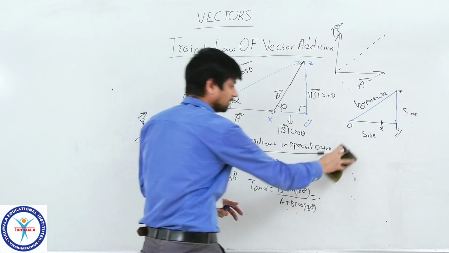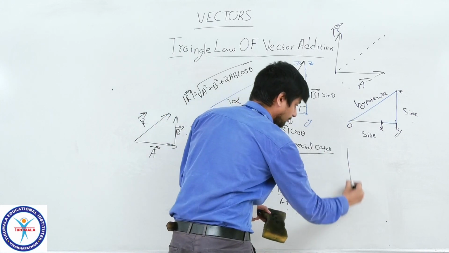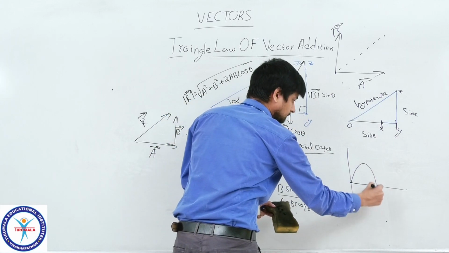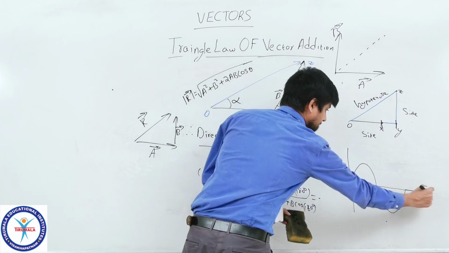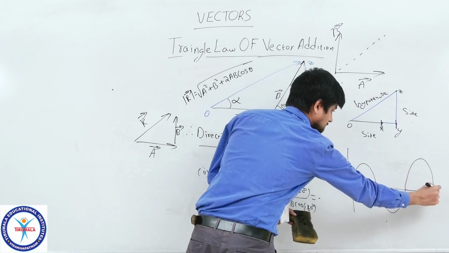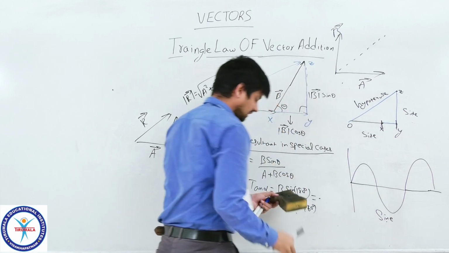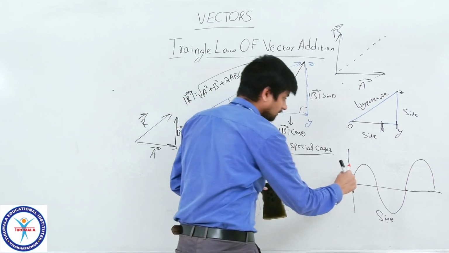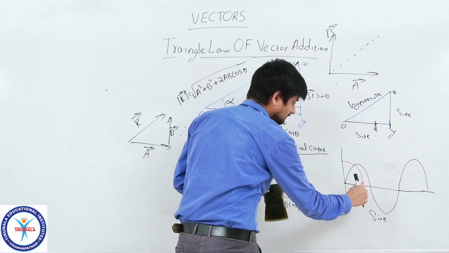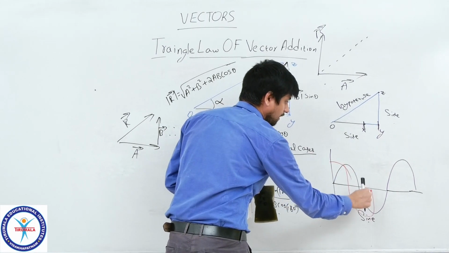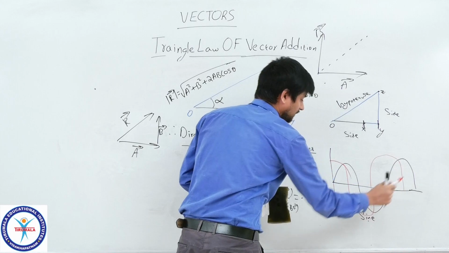If you take the waves lesson, this black one is a sine function. Now, this red one is a cosine function.